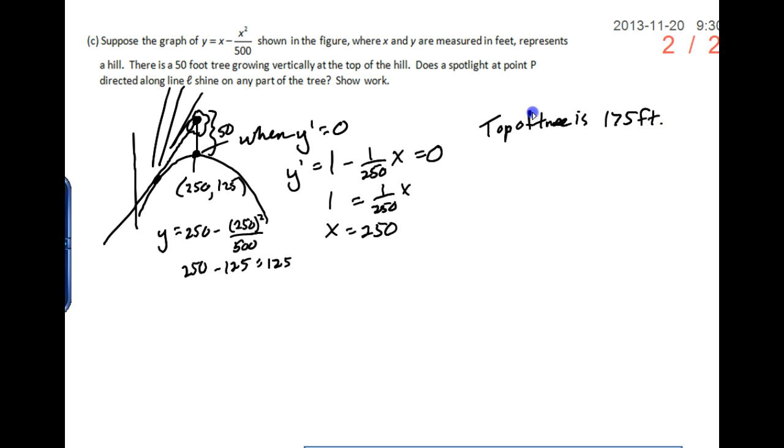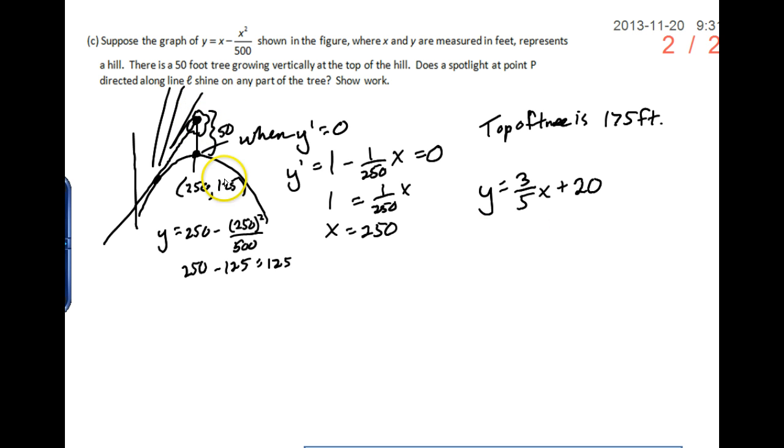So our question really is, does the light shine at a point lower than 175 feet? How would we know that? Well, our equation of the line, y equals 3/5 x plus 20, if its y value is less than 175 feet, then that means the light would shine on part of the tree.